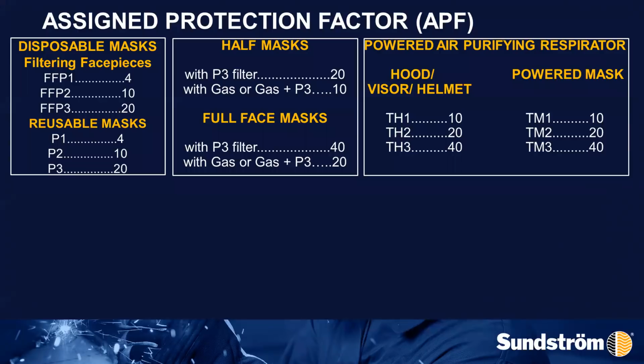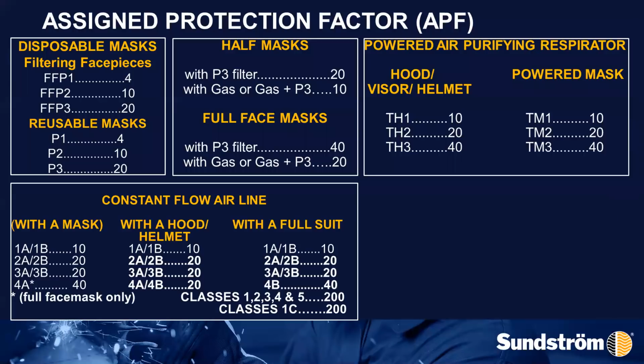You must have something that's got at least a level of TH2, because from the HSE's point of view, they're saying you need something with a protection factor of 20. There are a lot of TH1 level powered respirators out there. They may be suitable for certain tasks, but they're not suitable for the vast majority of tasks within the construction environment. So I would caution you on that, because I've seen plenty of businesses who unfortunately have spent a lot of money on them and then been told that they can't use them.